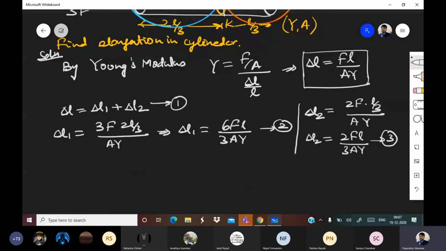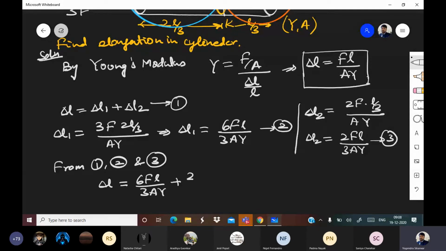So from 1, 2 and 3, what do we get? Delta L is equal to delta L1, 6FL upon 3AY, plus 2FL upon 3AY.